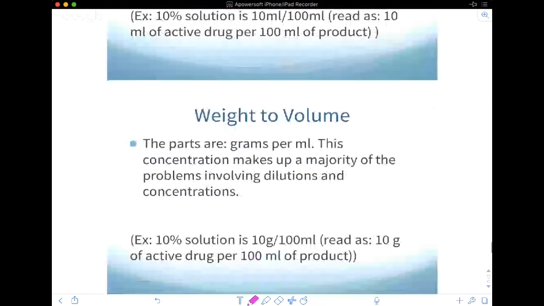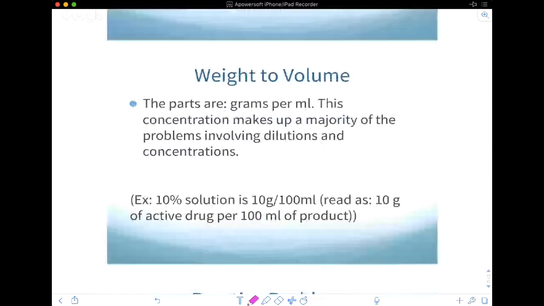Now this is going to be important to know. This is, I think, the important one. I wanted you to kind of know the other ones, but really know this one. The parts are grams per milliliter.